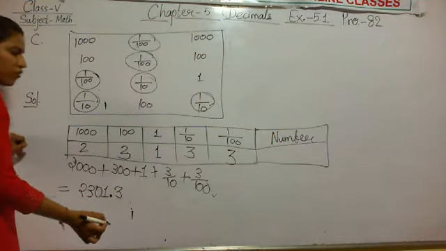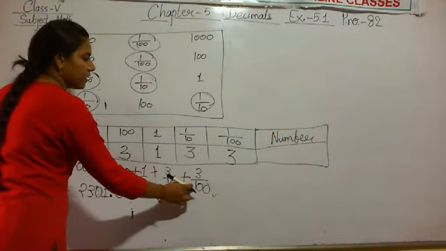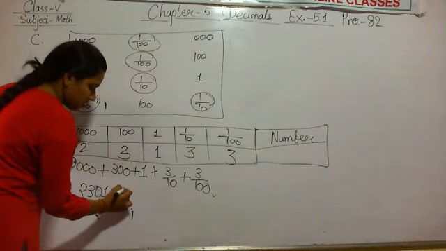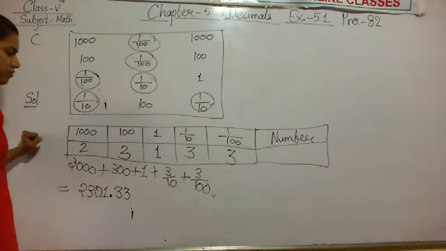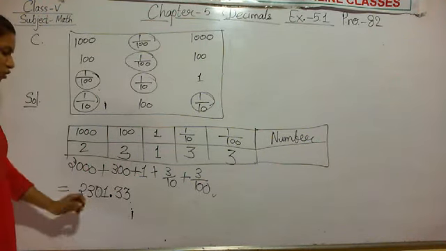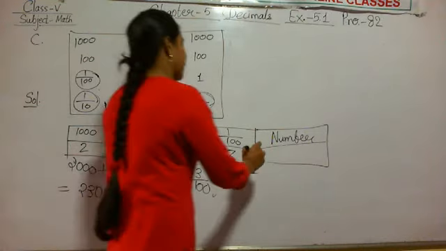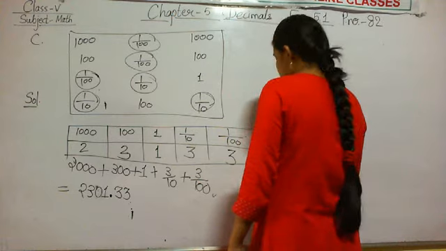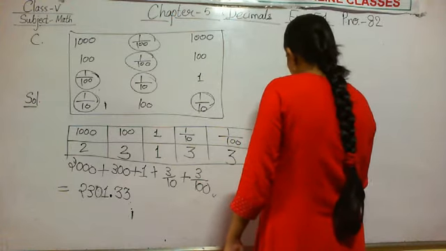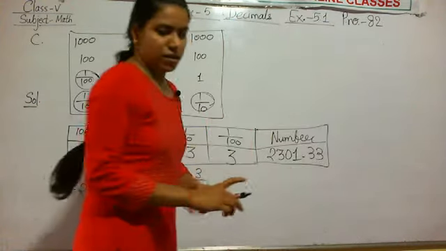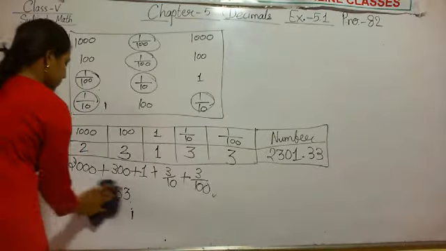Then I can write 3. This 3 is located at the 100th place, which I can represent like this. So my number is 2301.33. Now write its number name.